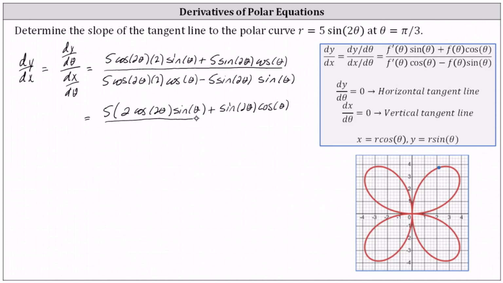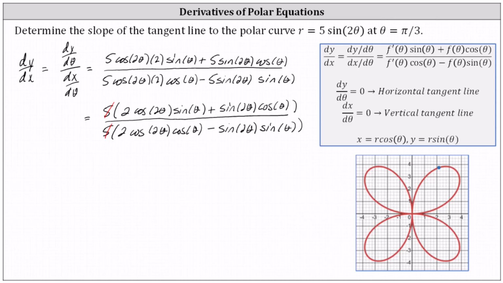All this is divided by, again, factoring out 5, we have 5 times the quantity 2 cosine 2 theta times cosine theta minus, again, factoring out the 5, we have minus sine 2 theta sine theta. And notice we can simplify because 5 divided by 5 simplifies to 1.